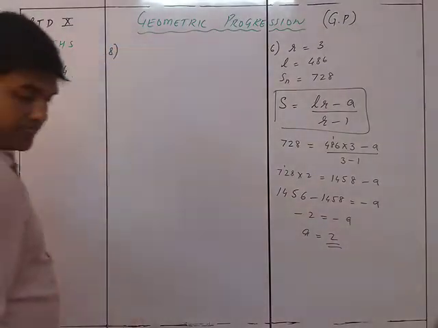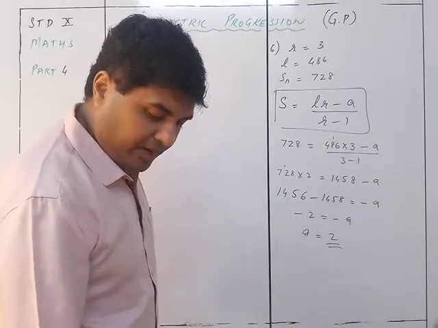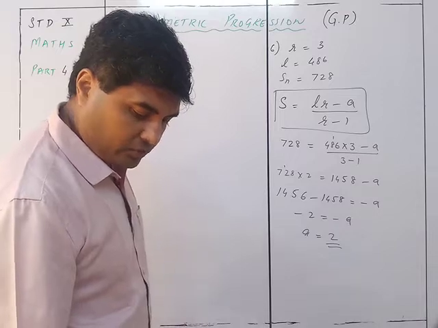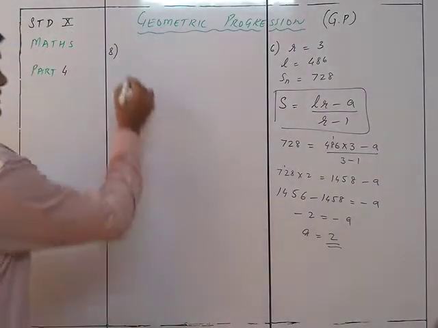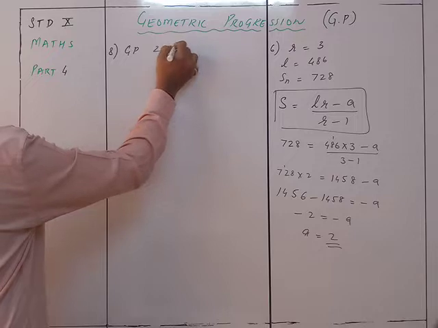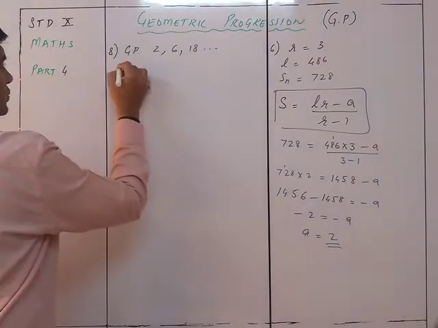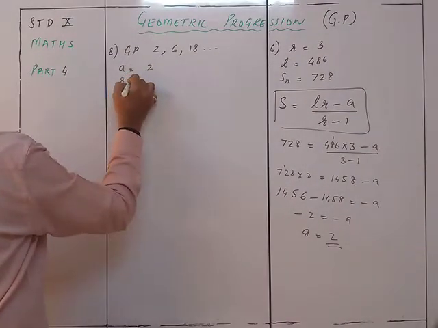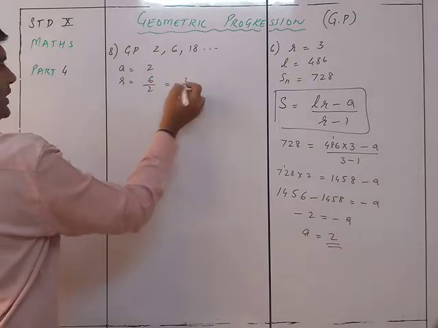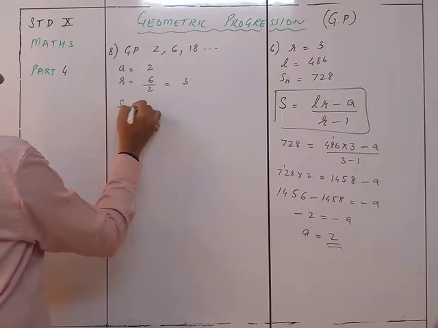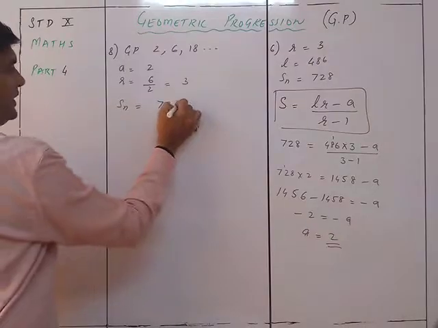Sum number 8. How many terms of the GP 2, 6, 18 must be taken for the sum to be 728? So the GP is given as 2, 6, 18, and so a is equal to 2, r is equal to 6 upon 2, which is 3. So we have Sn given as 728.